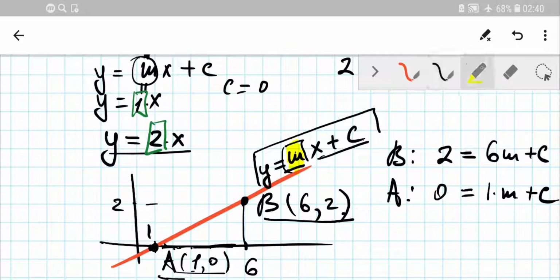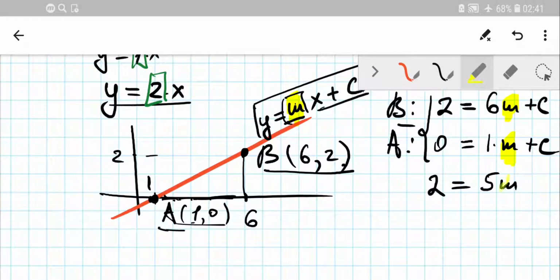Because our goal is to find m, not c, we want to eliminate c and solve simple simultaneous equations. The best idea is to subtract, so we have 2 equals 6m minus m, which leads to 5m. So we almost found it, and m is 2/5.